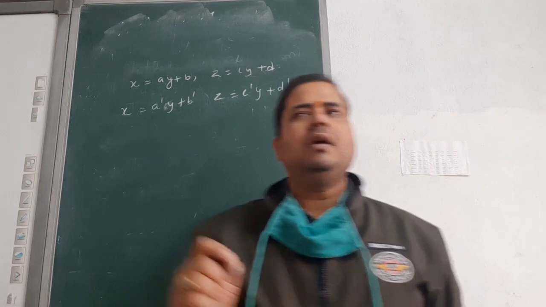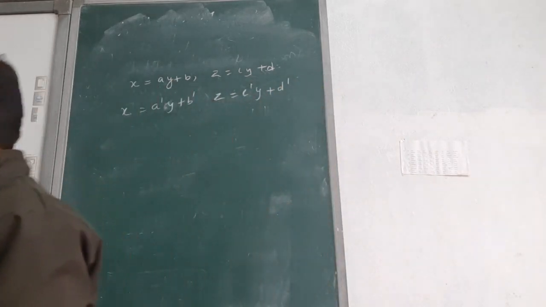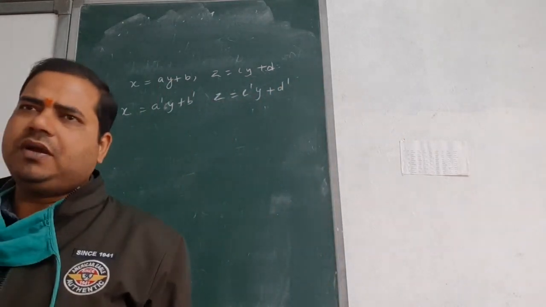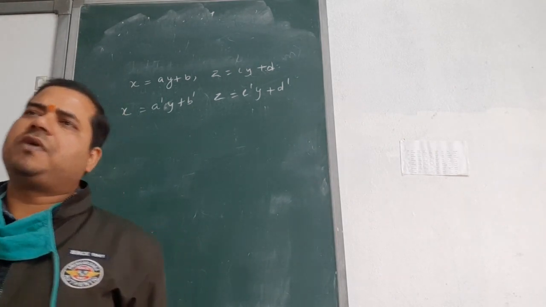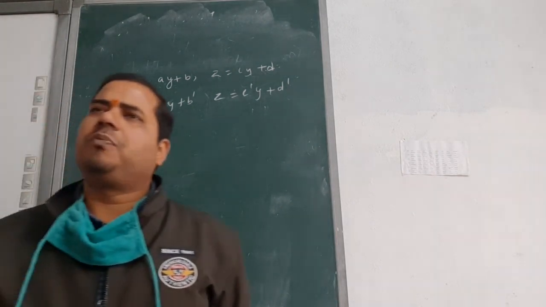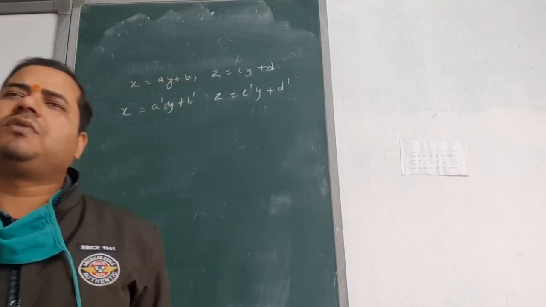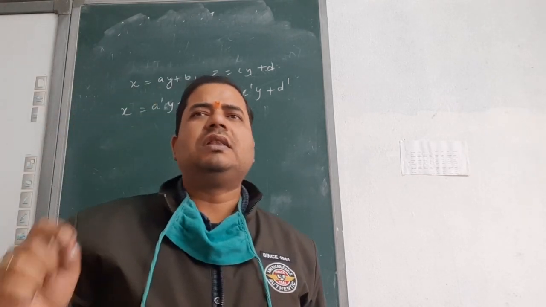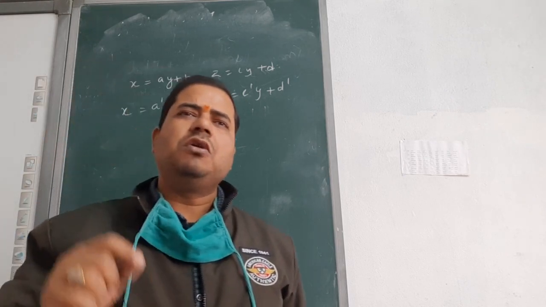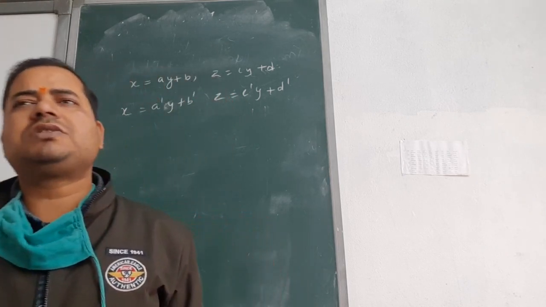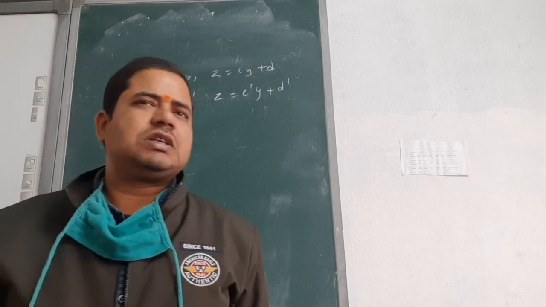And afterwards you know very well the condition for two lines to be perpendicular. Suppose you are given x minus x1 upon a1, y minus y1 upon b1, z minus z1 upon c1, and x minus x2 upon a2, y minus y2 upon b2, z minus z2 upon c2. Then they are perpendicular if and only if a1 a2 plus b1 b2 plus c1 c2 is equal to 0. You know this thing?